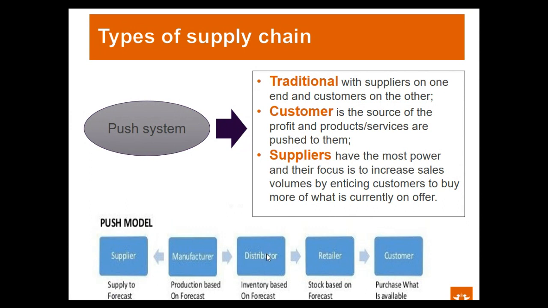They send that inventory based on the forecast to the distributor. The distributor then services the retailer, and in the end, the customer has to purchase what is available. If there are stockouts, they can't buy the products. So they don't have any say in the products that are available.